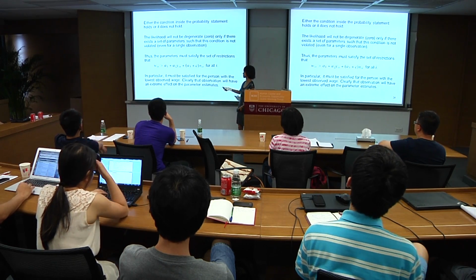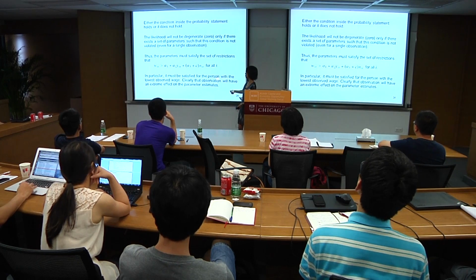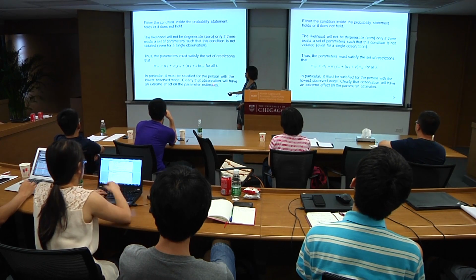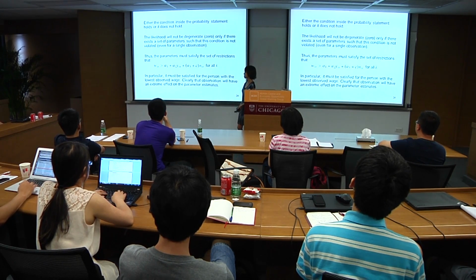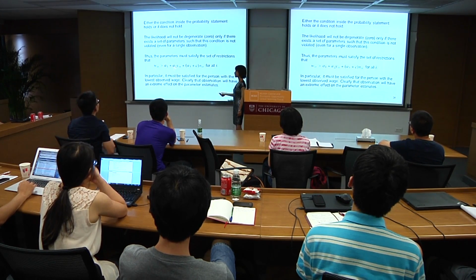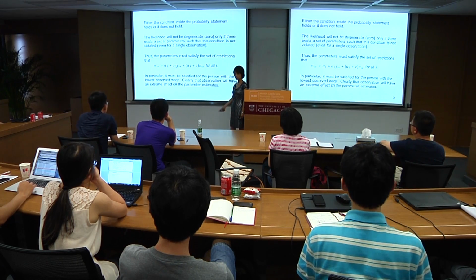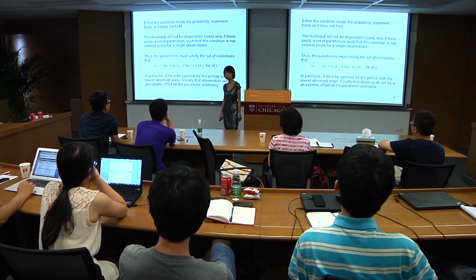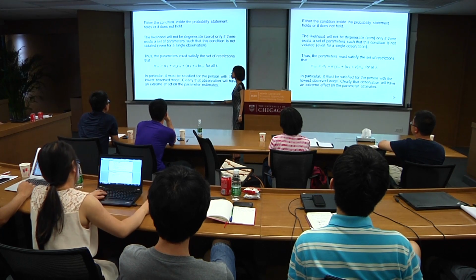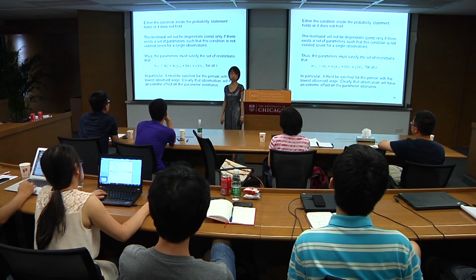For example, it has to be satisfied for the person with the lowest observed wage in this case. Even if you can find some alphas that satisfy that person's condition, that single person would have an extreme effect on the parameter values.